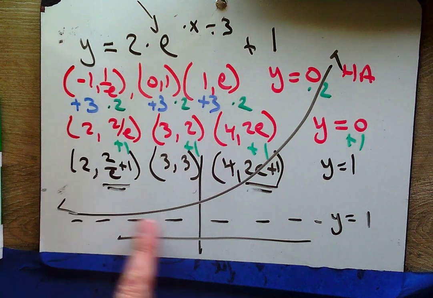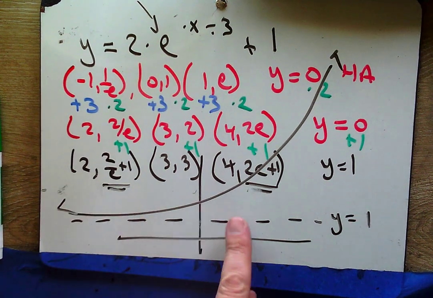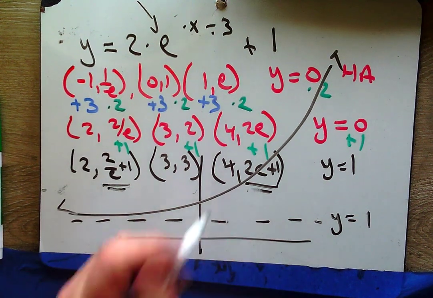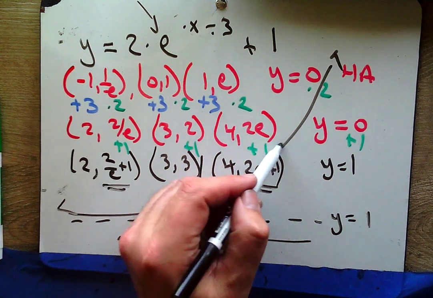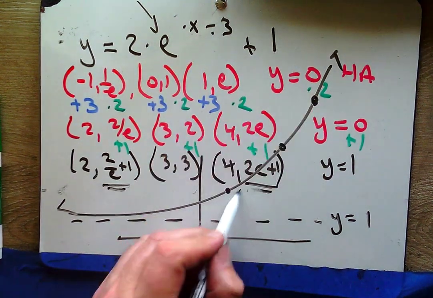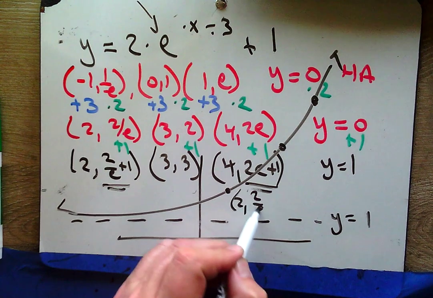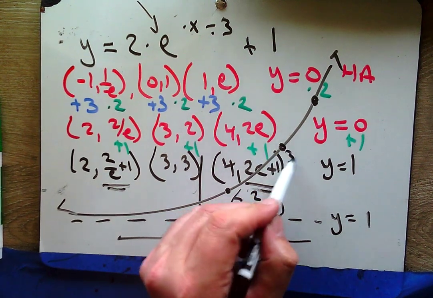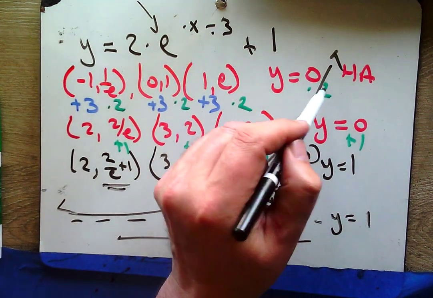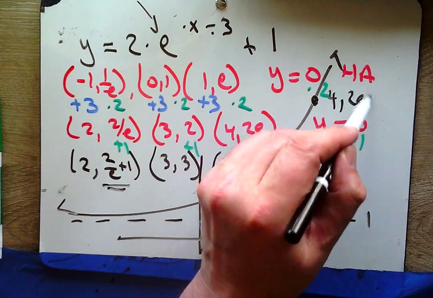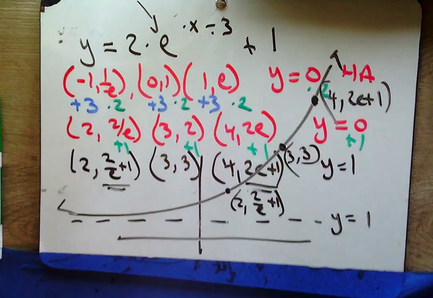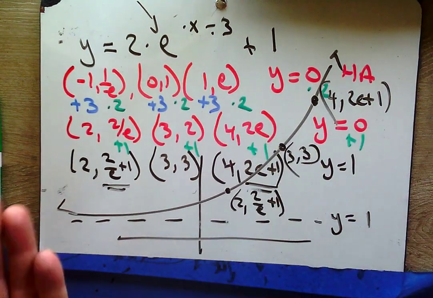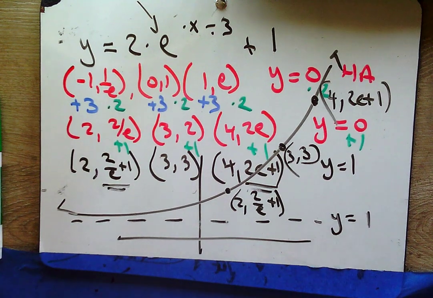Well, there's 2. Is it over here? Is it here? Is it over here? Yeah, so let's label our points. 2, 2 over e plus 1. 3, 3. And here, 4, 2e plus 1. Yeah, perfect, exact. No need for decimals.